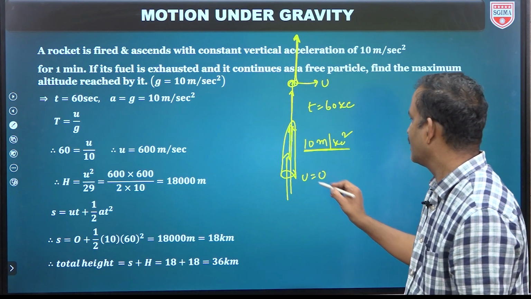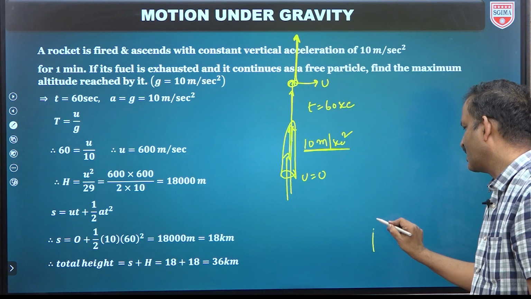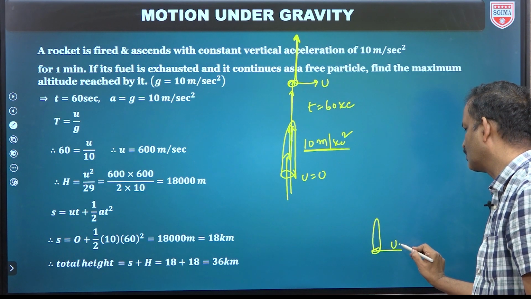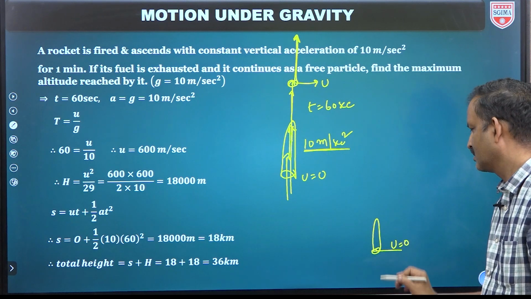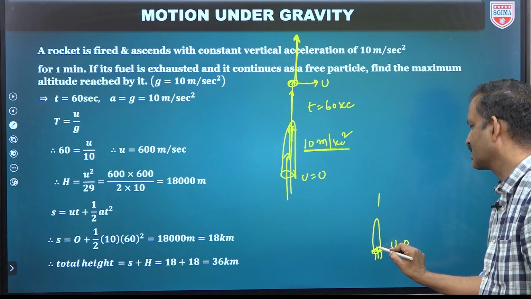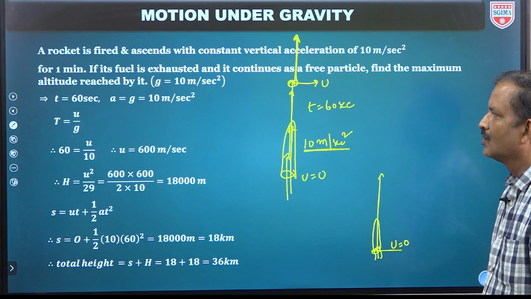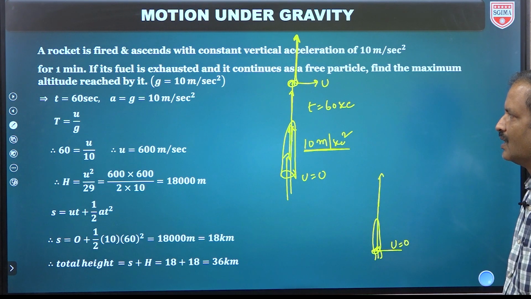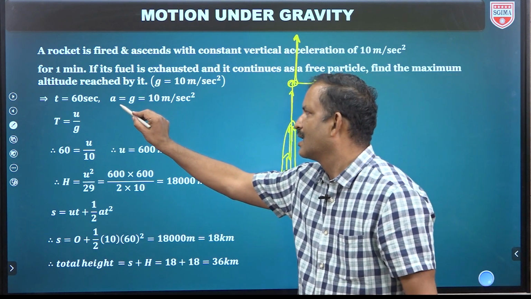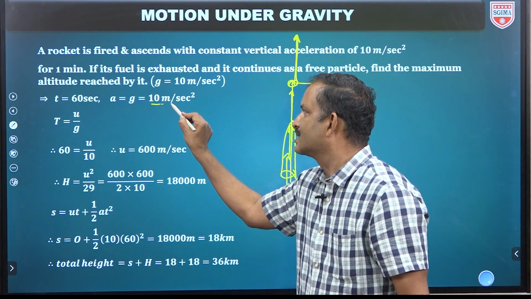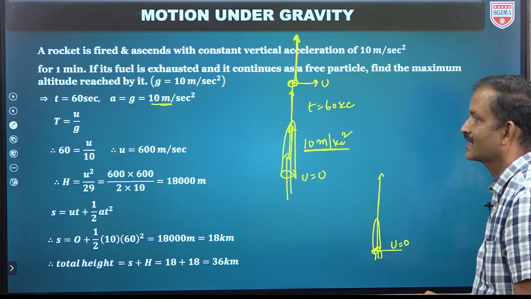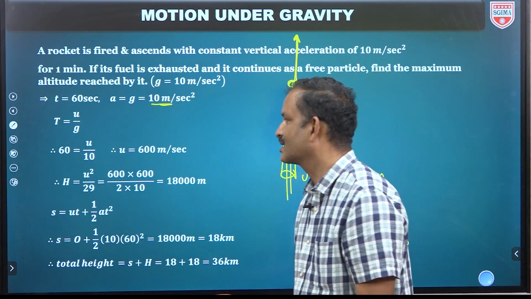So, first of all, when rocket is fired, here velocity is 0. It is at rest. Now, gases are coming out, then only it moves in the upward direction. So, time is 60 seconds. Acceleration is 10 meters per second square.